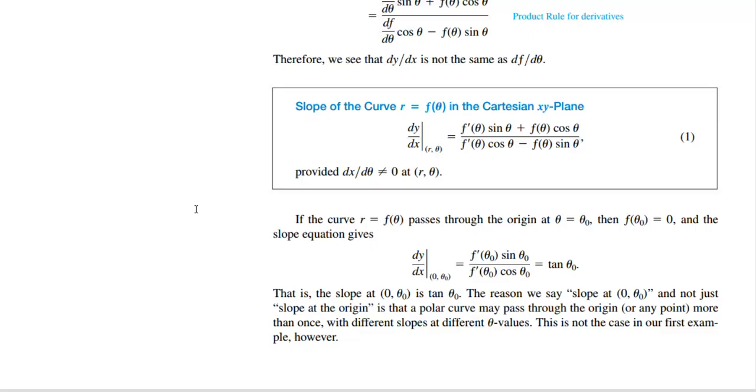So the slope at (0, theta 0) is tangent theta 0. The reason we say slope at (0, theta 0) and not just slope at the origin is that a polar curve can pass through the origin or any point more than once with different slopes at different theta values. That's not the case in our first example.